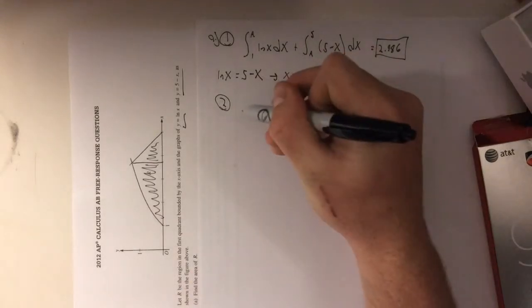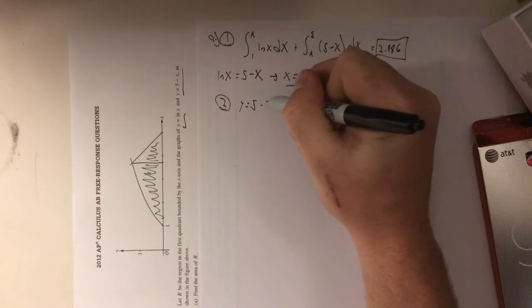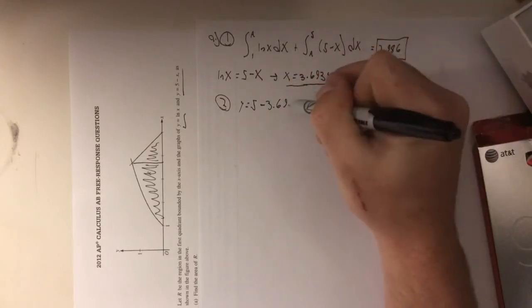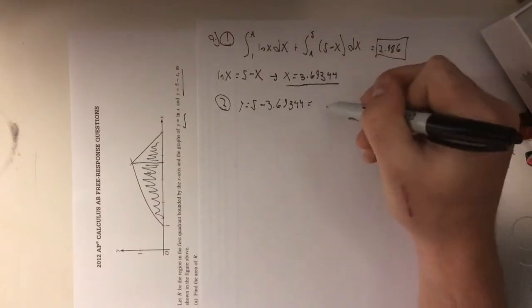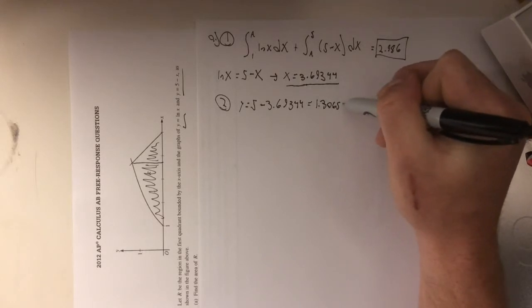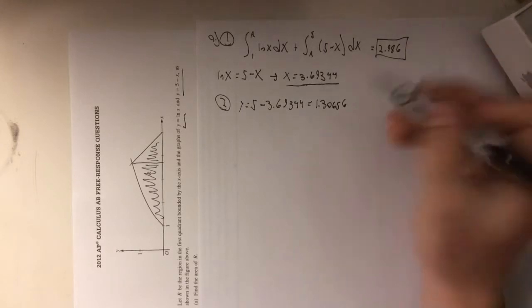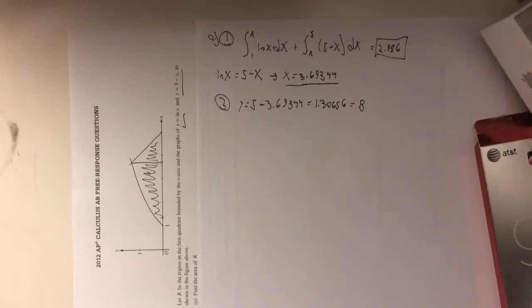So y equals 5 minus 3.69344, again that value, and it comes out to equal 1.30656. For all intents and purposes, that equals B.